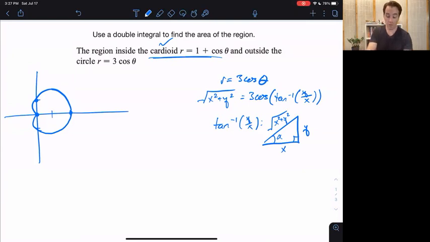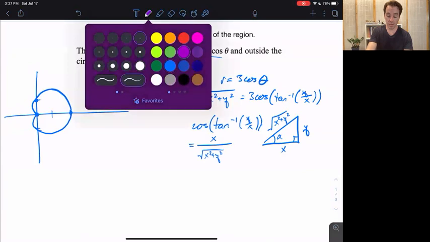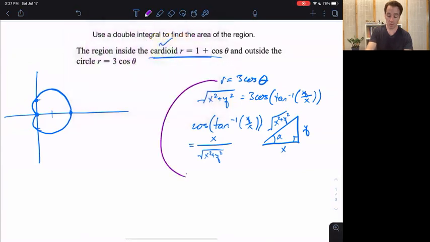The cosine of this then will be equal to the adjacent of x divided by the hypotenuse of root x squared plus y squared. So r equals 3 cosine theta turns into this. It's square root of x squared plus y squared equals 3x over square root of x squared plus y squared.